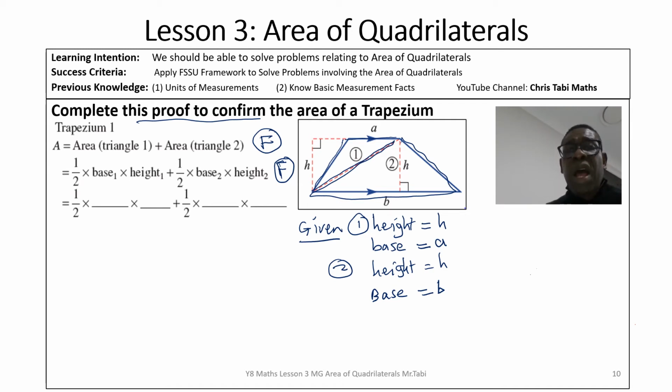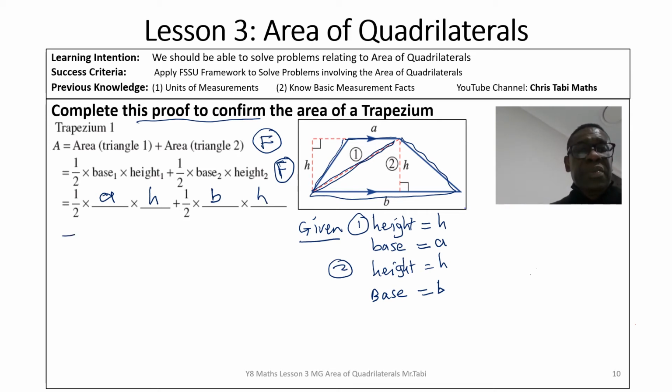Now base 1 is a, and height 1 is h. Now base 2 is b, and height 2 is h.